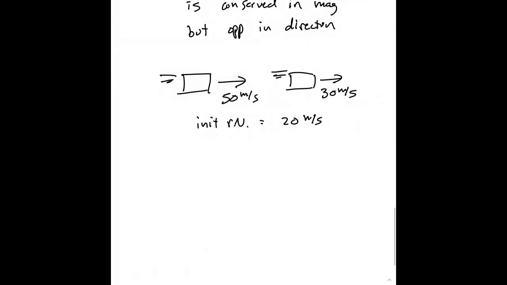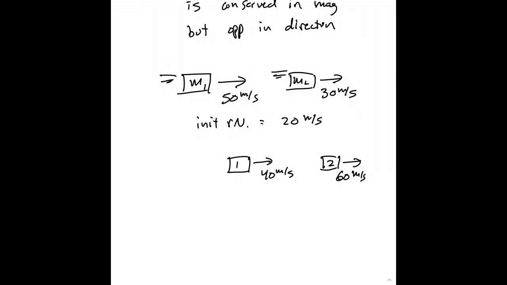Now we would have to know something about the two masses m1 and m2 to get the exact result, but we know this much. If the first block continued forward at 40 meters per second after the collision, you can be certain what the velocity of the second block would be. I think you can see it would have to go 60 meters per second.